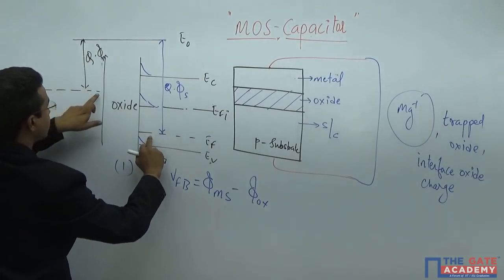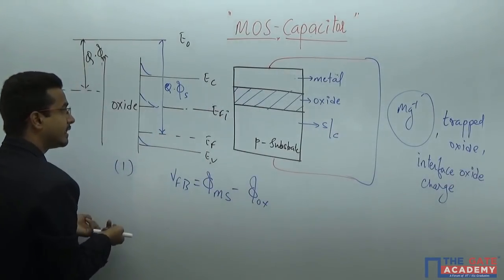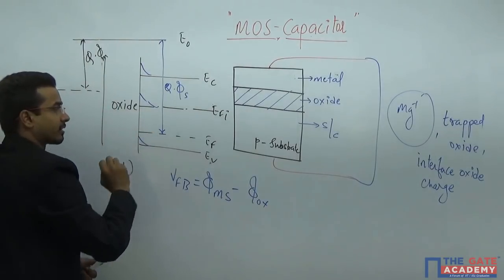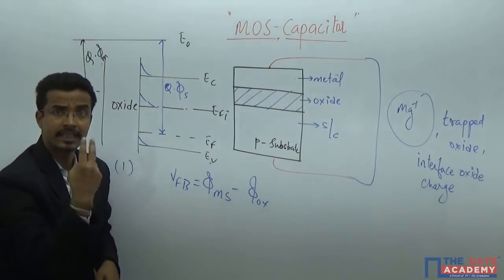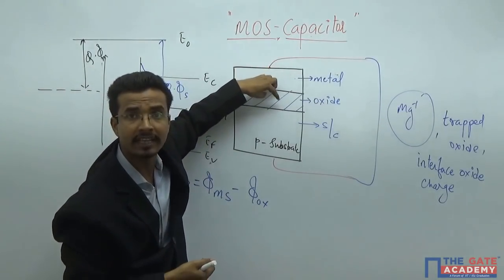The first one is the work function difference. Between the metal and semiconductor there is an energy band gap, and you are connecting from the outside. It may cause charge carrier flow from metal to semiconductor, due to which the energy band will bend. The second thing is non-idealities in this particular oxide.